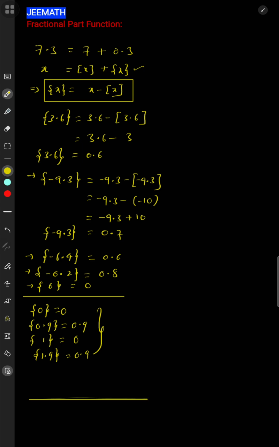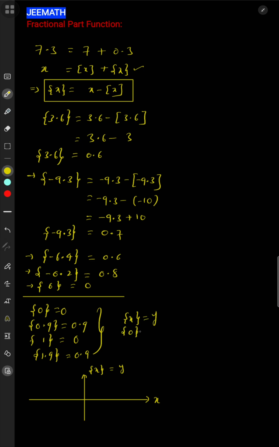So see, all these are values of x, and all these are values of the fractional part of x. The fractional part of x is equal to, let it be y. So when x is 0, the result is 0 only, right? So the fractional part of x is equal to y we are taking to get the graph.